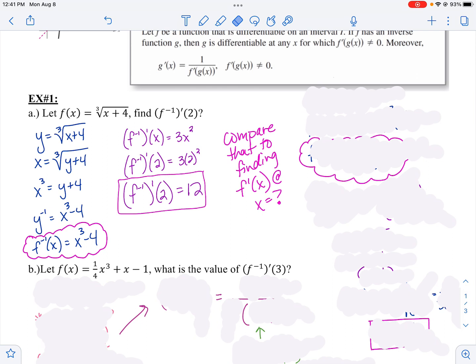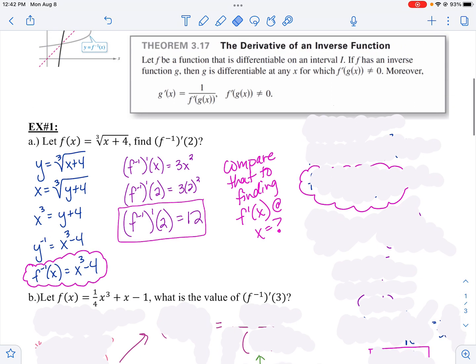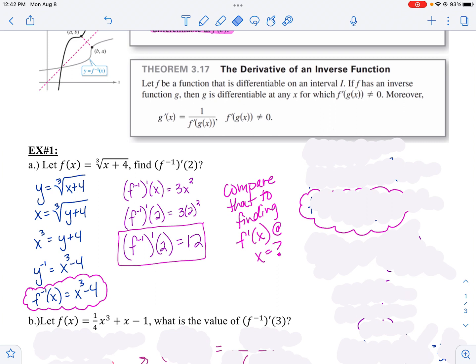All right, let me take a second though and compare what would happen if we couldn't find the inverse. Could we still figure out the inverse's derivative at x equals 2 without actually finding the inverse function? So what this theorem, 3.17, is saying is that if f has an inverse, we're going to call the inverse g.